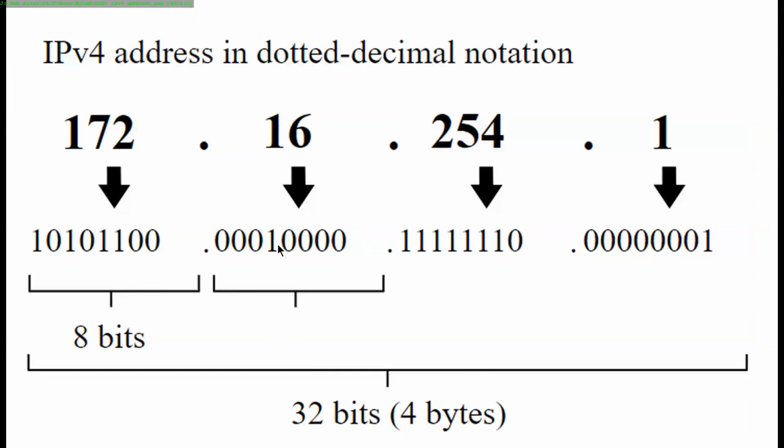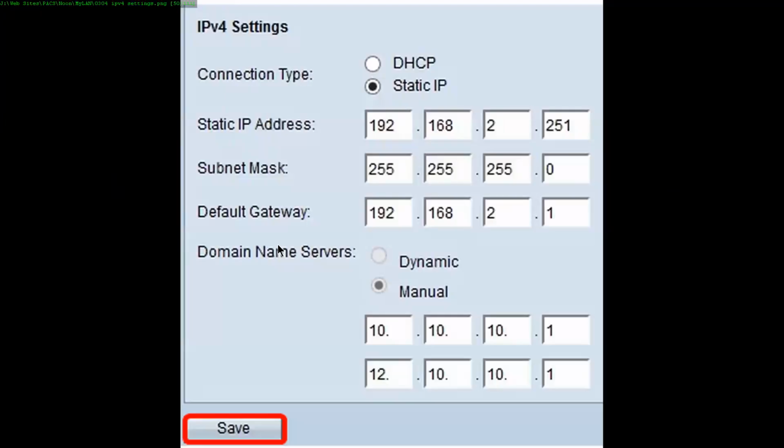And once you have that, you can then figure out what the subnet mask should be. Now, the 32 bits are broken up by network number and device number.